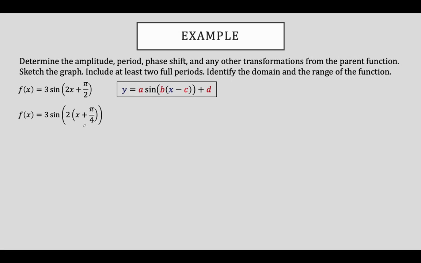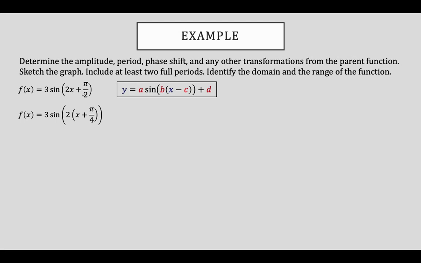And the reason we want to do that is because b is going to help us in determining our period, and c, now that it is alone, will help us in determining our phase shift. If you're wondering where these numbers came from, when you factor out, you're essentially dividing out that term from in front. Notice if I took 2x and divided by 2, I'd be left with a 1x.